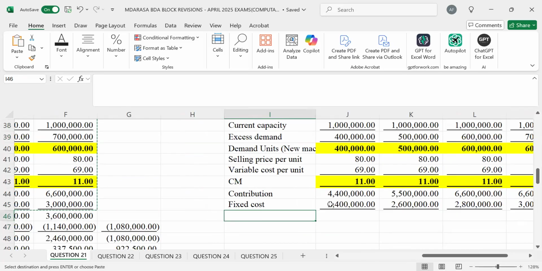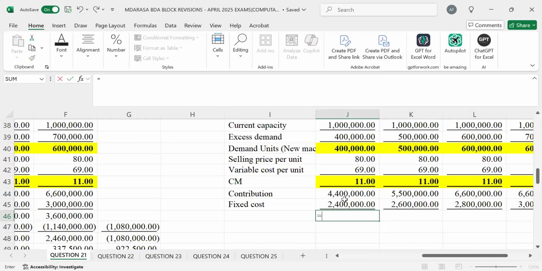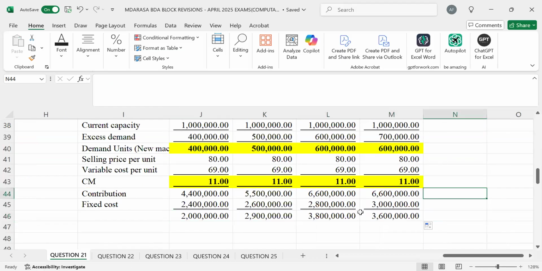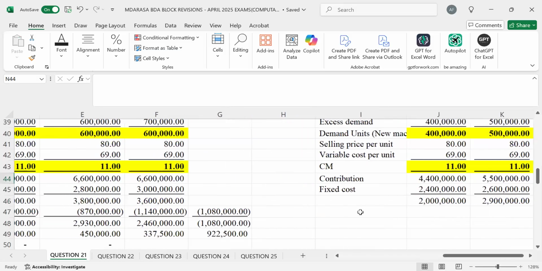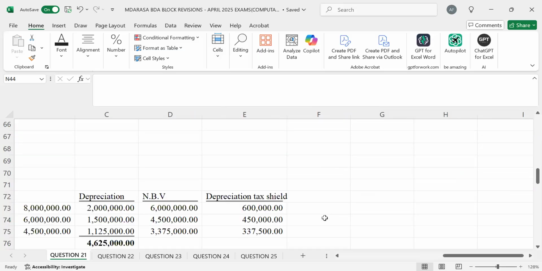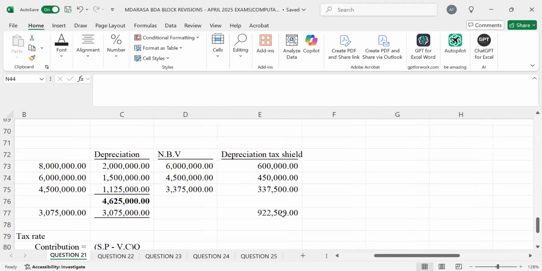So while here, after deducting our fixed cost, we can come and consider our aspect of depreciation, the one that we have computed here.